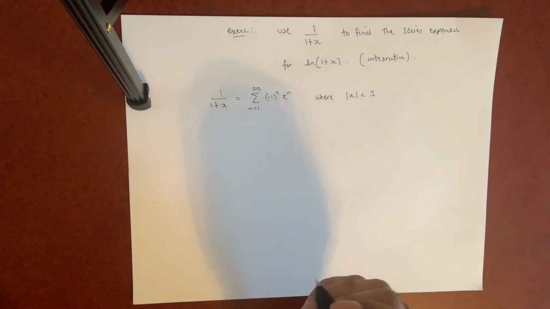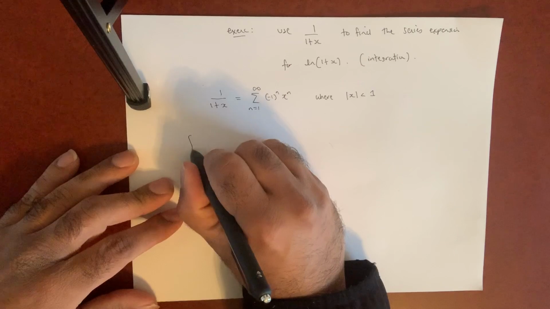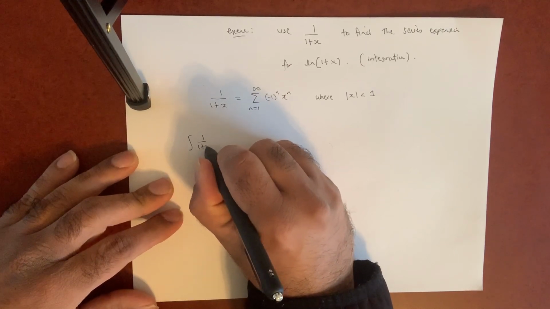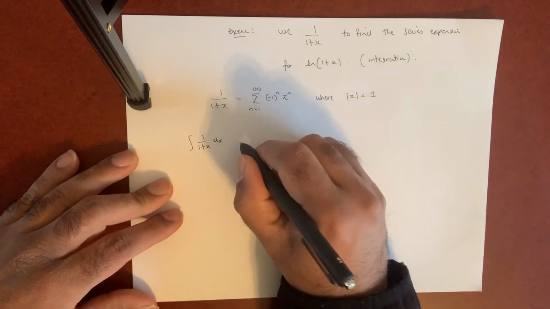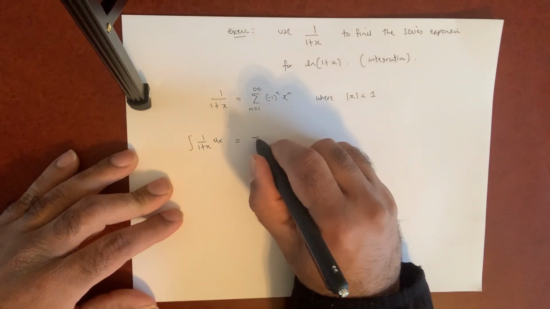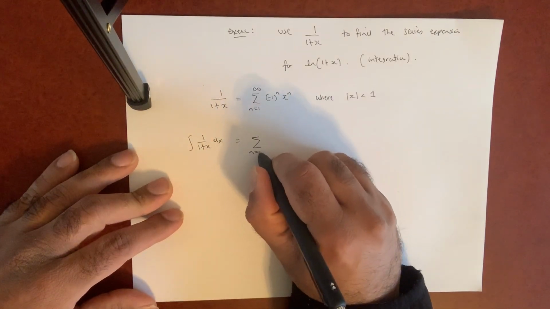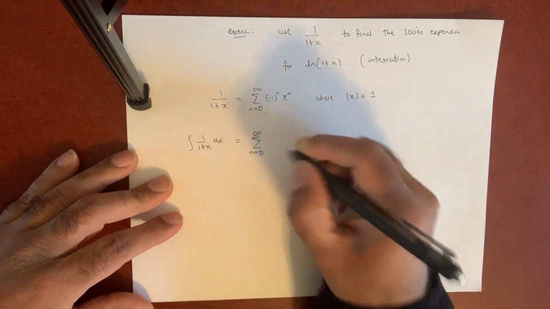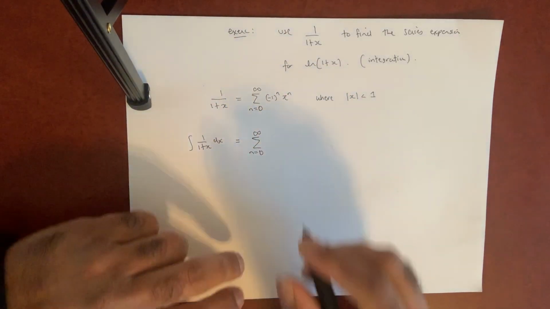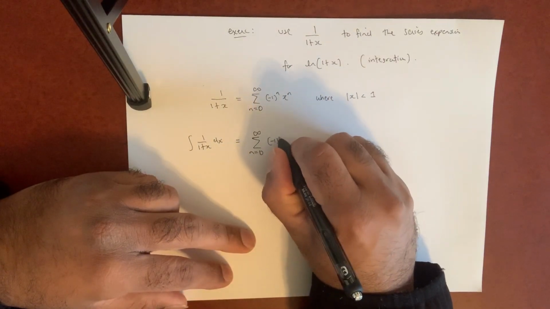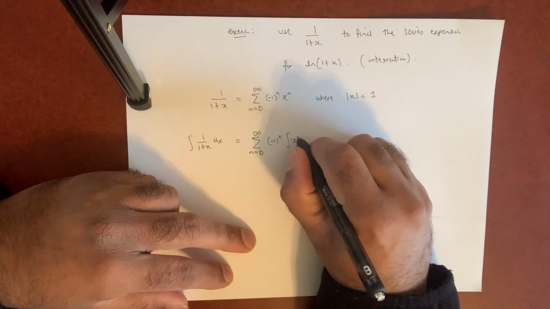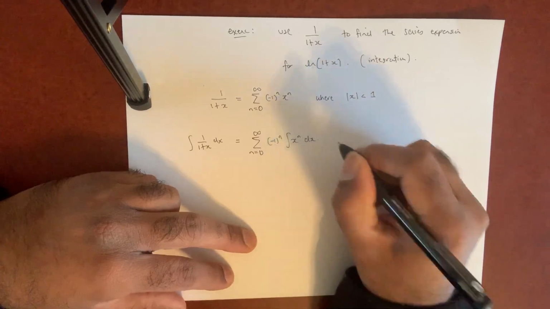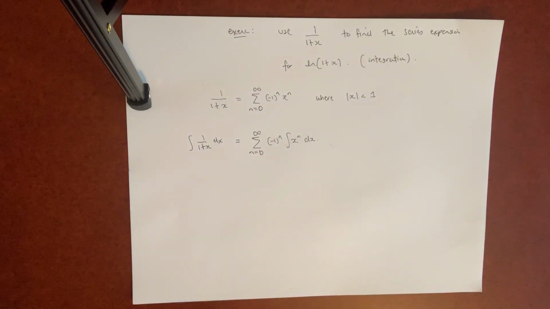So now what we do is we integrate both sides with an indefinite integral, and we can insert the integral into the infinite sum, this starts at 0, giving us the following equation.